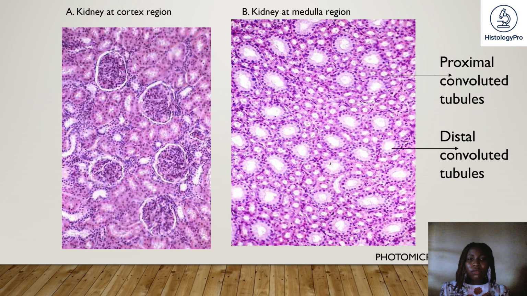Now, this slide presents the photomicrograph of the renal tubules of the kidney. This photomicrograph, as you can see here, shows the renal tubules of the kidney lined by simple cuboidal epithelium.